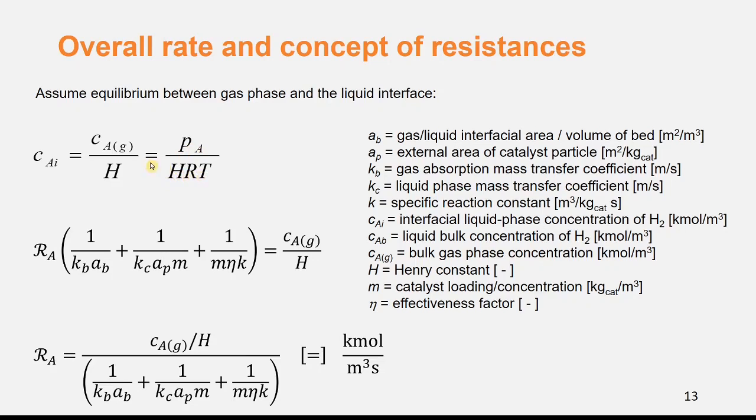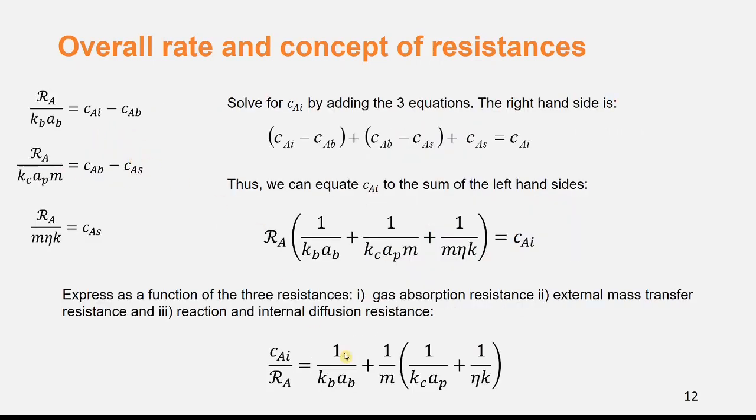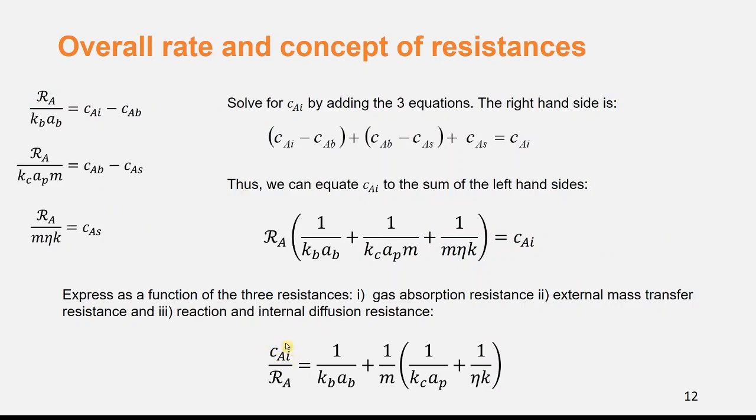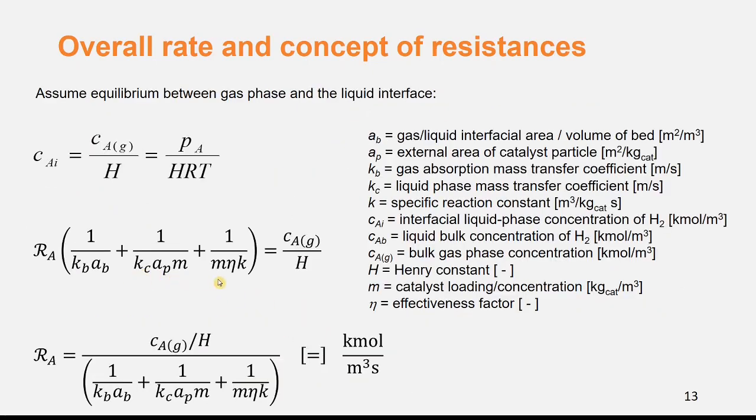Now we can put CAI back into our earlier expression, the first result we got from adding the three equations to get an expression for RA. So we substitute in the expression for CAI into this, and we just solve for RA.